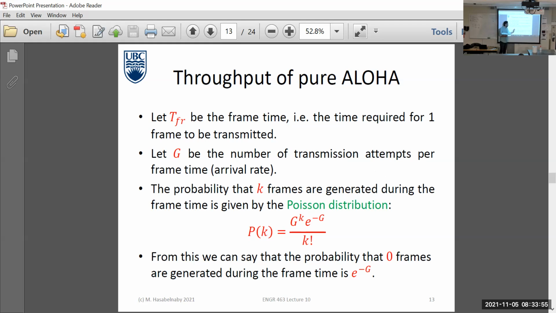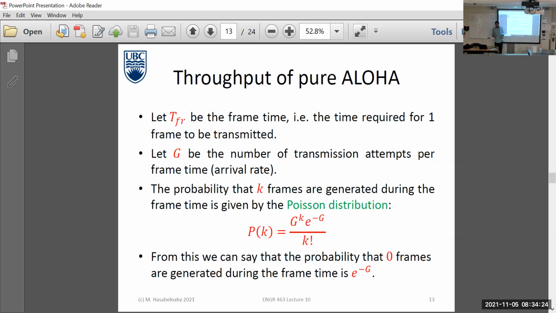I want to know the probability of having a successful transmission. How can I calculate it? By setting K to equal 0. I don't want any other frame to be generated during this time. So by setting K to 0, I have the probability of success, the probability that 0 frames are generated during the frame time. This would be equal to 1, this one. So my probability of success would be e minus G.